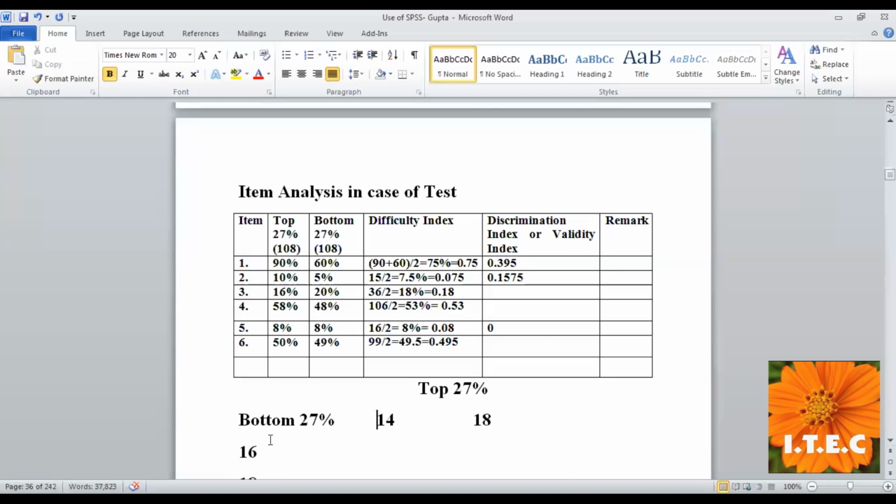So when bottom is 16 and top is 14, the value given here is 0.07. And when it is 16, then 18, the value given here is 0.12.